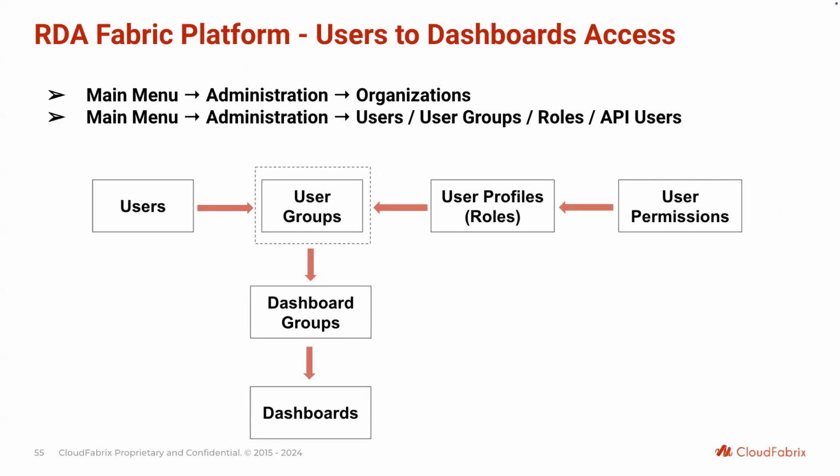This is a logical flow that represents how the process works. The first thing is, as highlighted, the user groups need to be created. When you create the user group, it needs to be associated with the user profiles or roles, and those roles are allocated the user permissions.